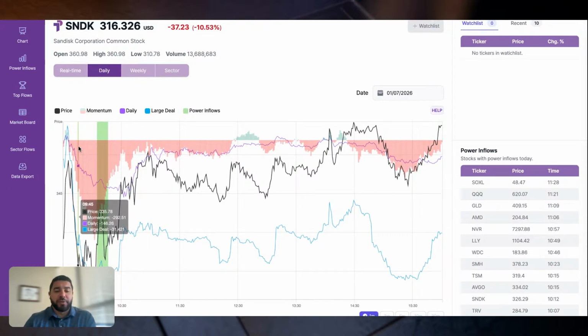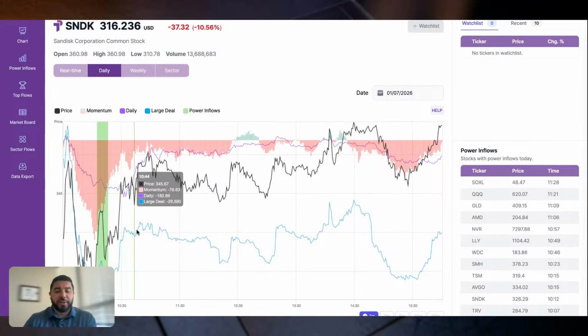You'll see some red shade facing downward and some green shade towards the right facing up. This is what we call our retail momentum flow data, capturing the intraday sentiment on the retail side. The green shade indicates more buying than selling on the retail side, and conversely the red shade indicates more selling than buying.